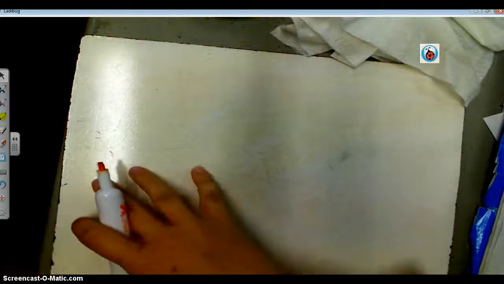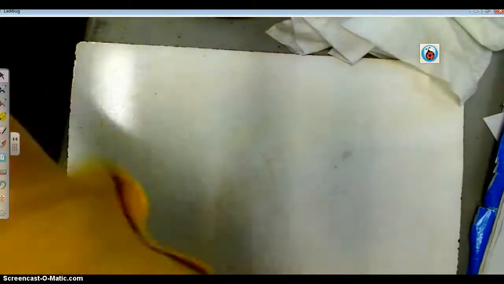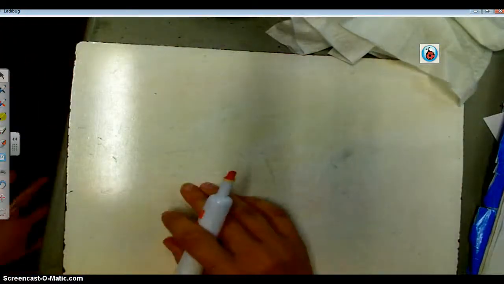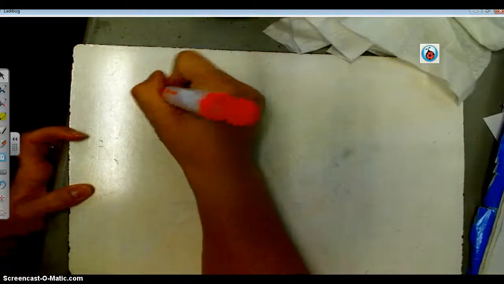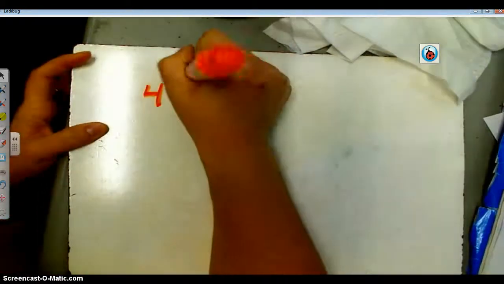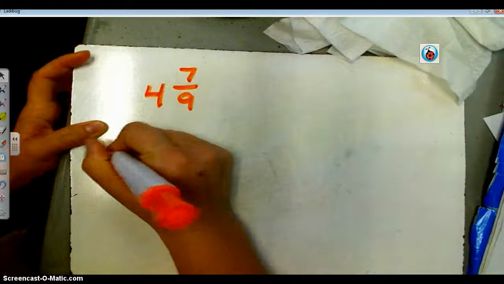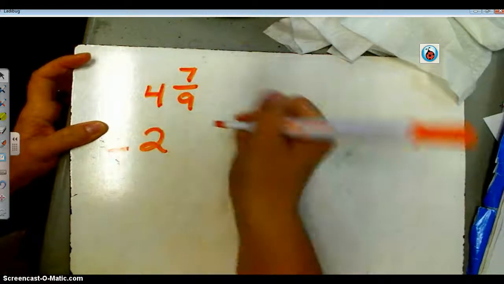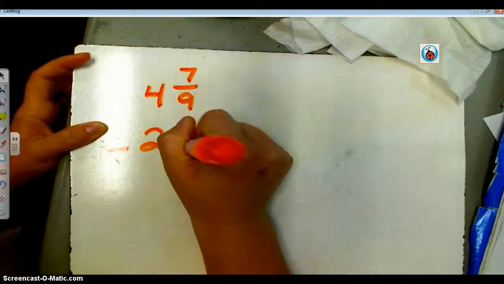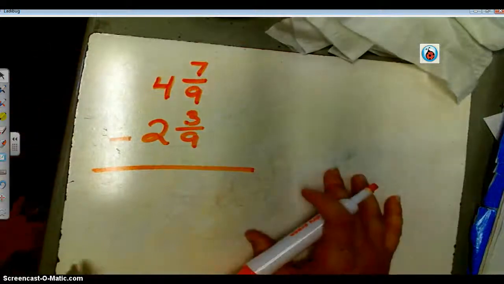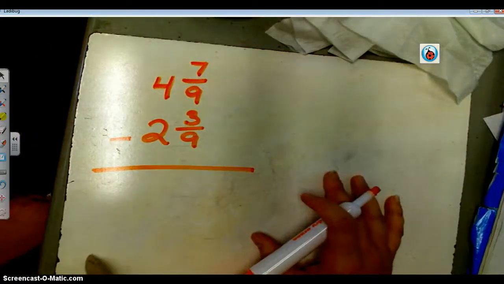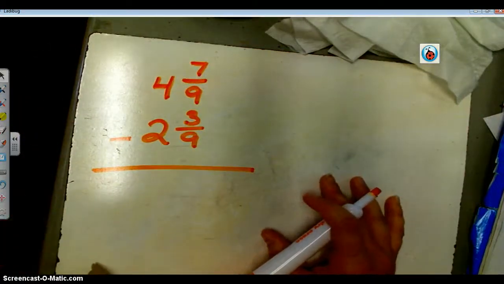Okay, now we're getting into using mixed numbers. Let's use a mixed number, but keep the denominator the same. So we'll have 4 and 7/9 minus 2 and 3/9. What do I do, Court?